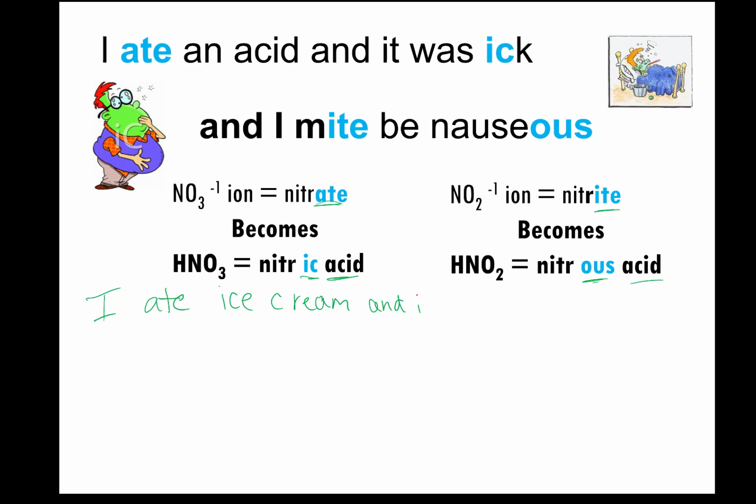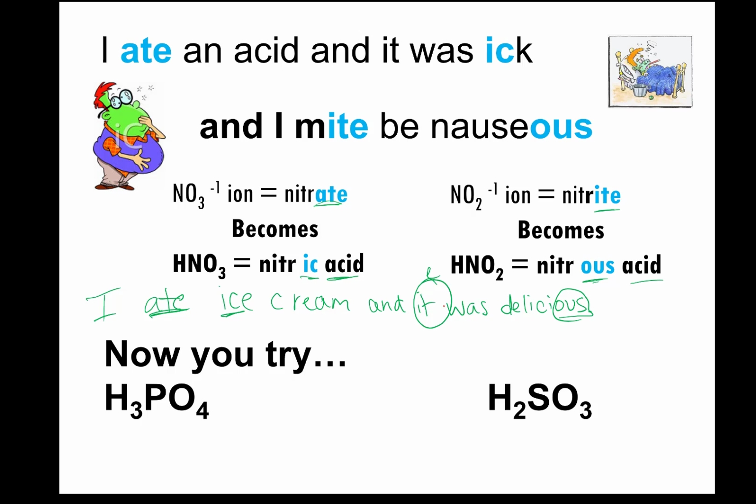So ate becomes ic, and it, with the E at the end, is your ite, becoming OUS. So I ate ice cream, so ate becomes ic, and it was delicious, so your ite becomes OUS. That's what I like to remember.